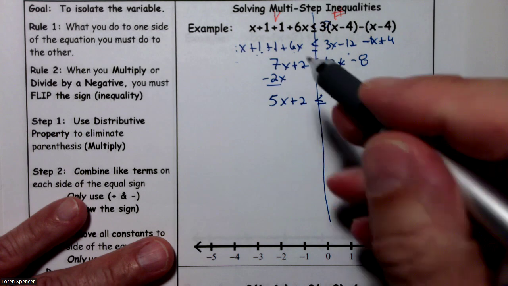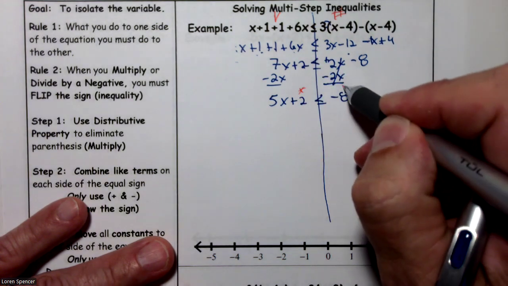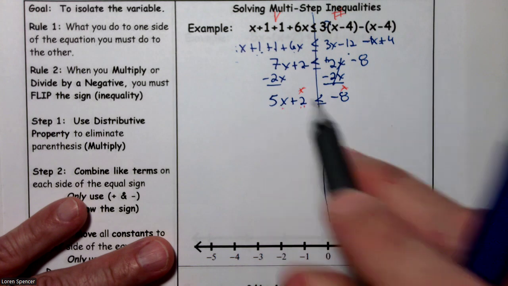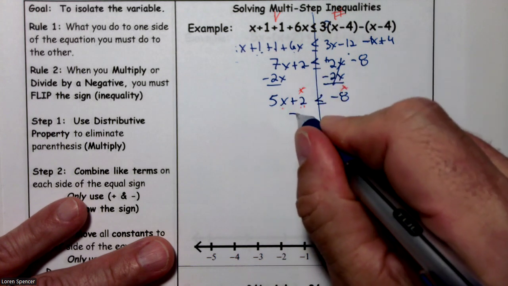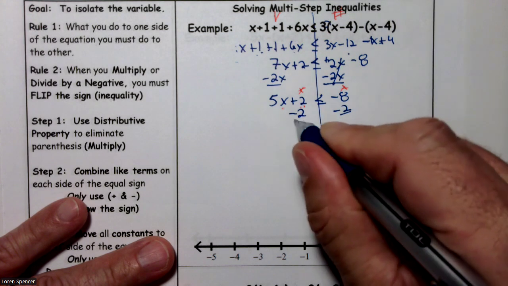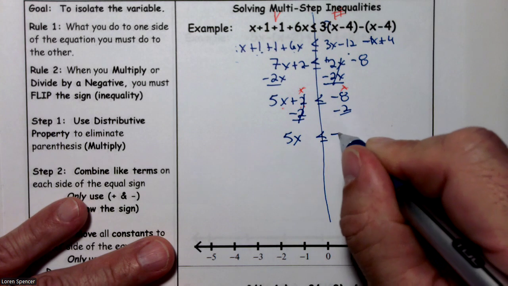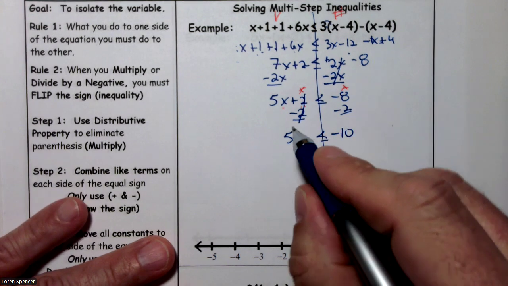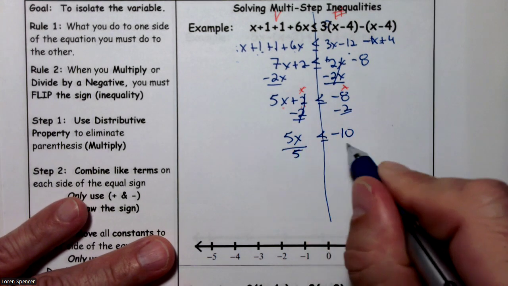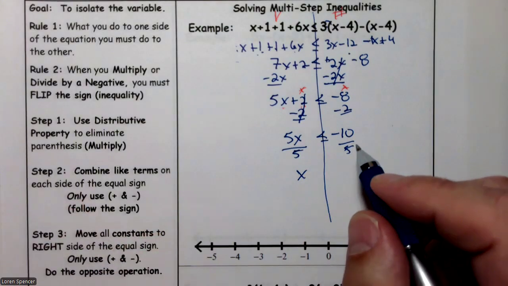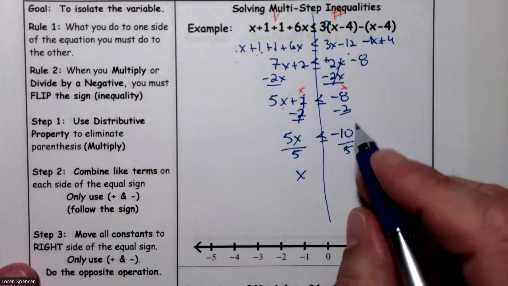I need to move my constant, and I happen to have 2 of them. This is the one that I need to move because I need to isolate that variable. I need to get it by itself. So I'm going to subtract 2 from both sides. And now I have 5x is less than or equal to -10. Divide both sides by 5. All right, in this case, I'm dividing by a positive.